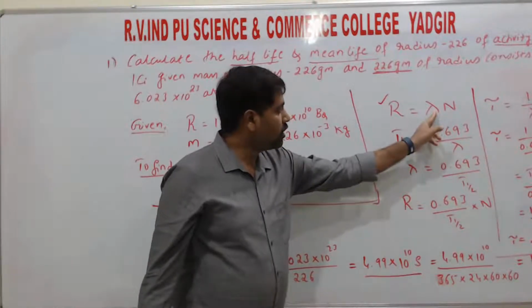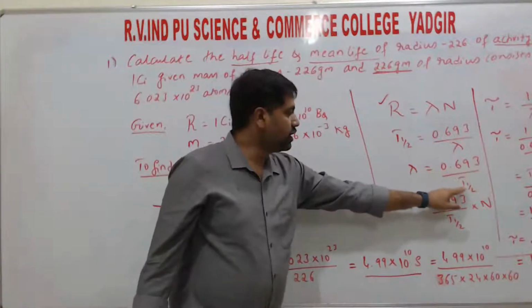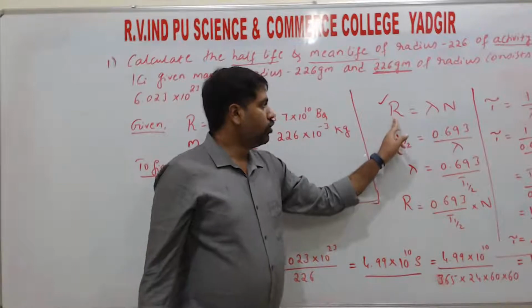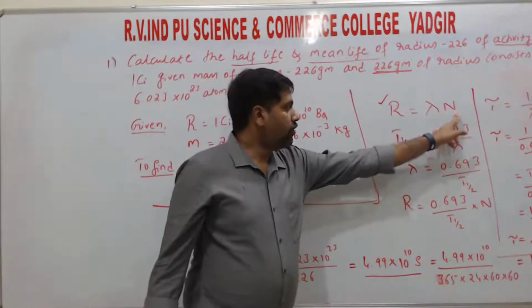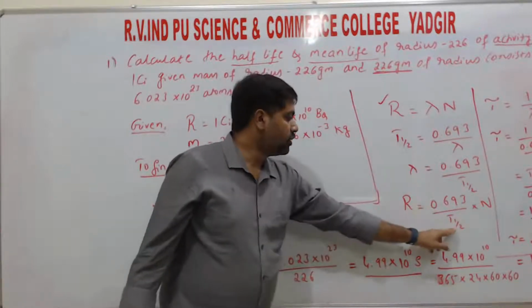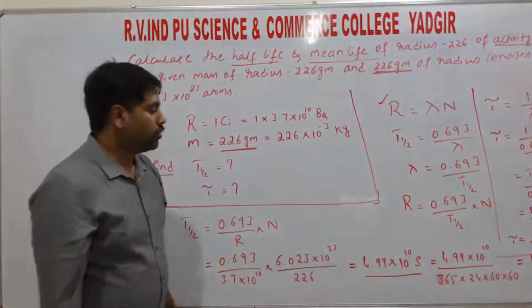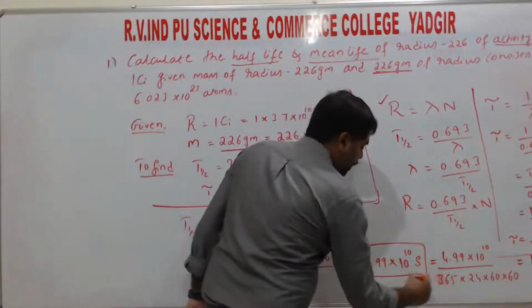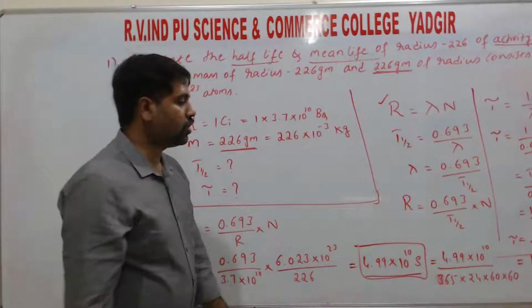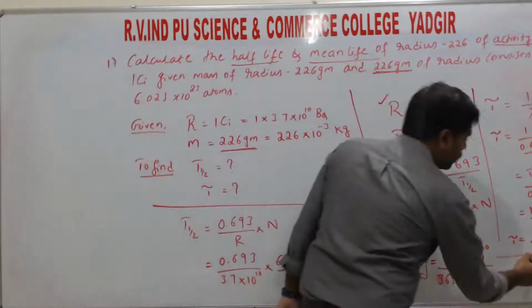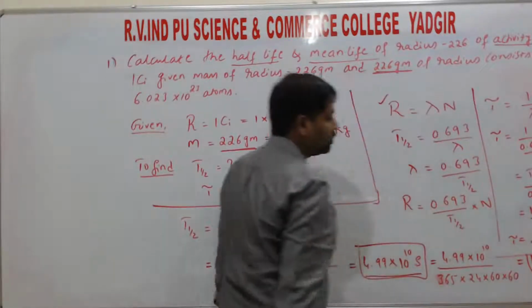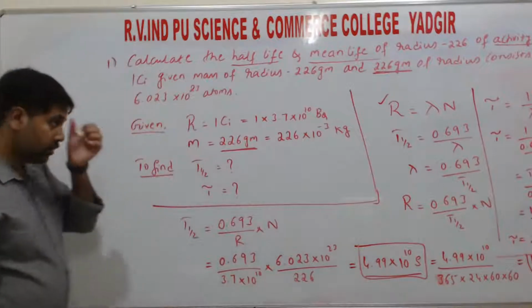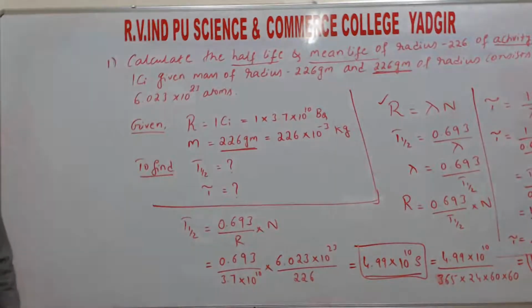So in place of lambda, we are replacing 0.693 by T half. Then we know the value of R and we know the value of N. Then we can find the T half, right? So you can stop up to here in terms of seconds, or you can stop by converting it into years, right? So next.